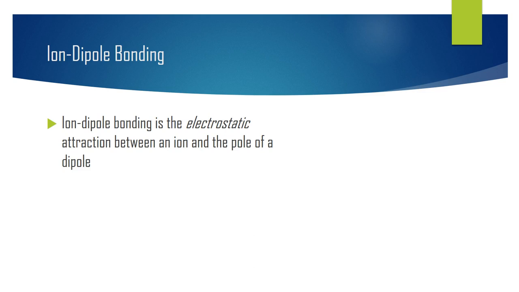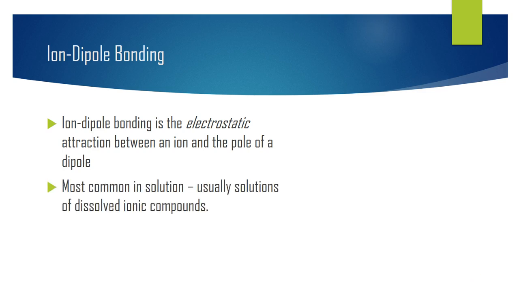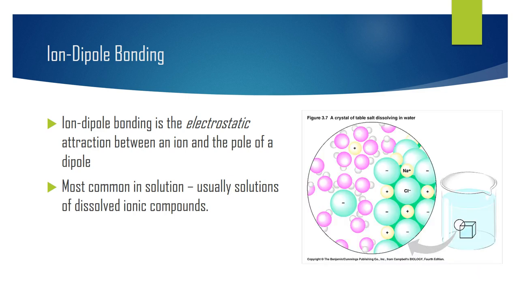So if you think about it, we have ions, okay, and then we have dipoles. This is the electrostatic attraction between an ion such as Cl- or Na+, and the dipole of water. Okay, so this is what we usually see in solutions of dissolved ionic compounds.